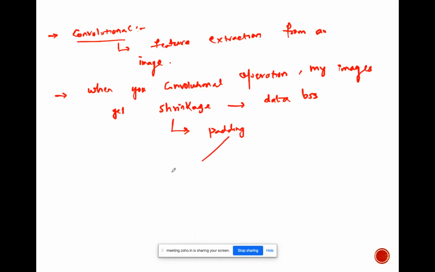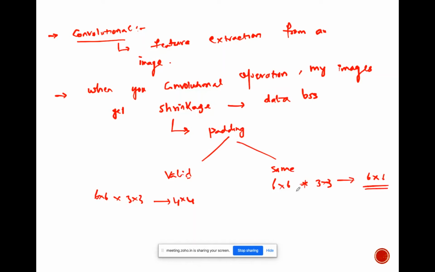Padding will come with two flavors. One is valid, another one is same padding. Valid means 6 by 6 convolving with 3 by 3 is resulting in 4 by 4. 6 by 6 convolving with 3 by 3 resulting in 6 by 6 is the same.